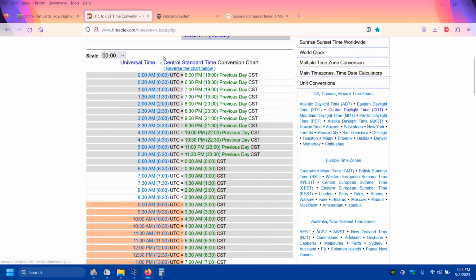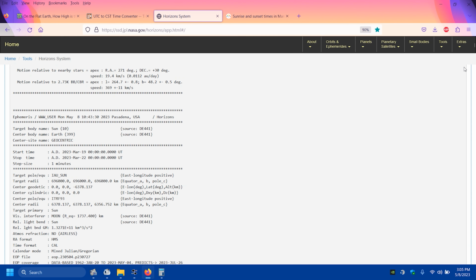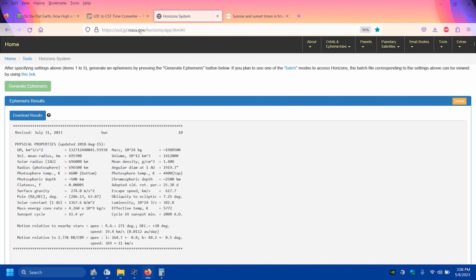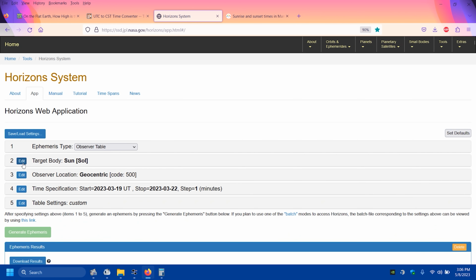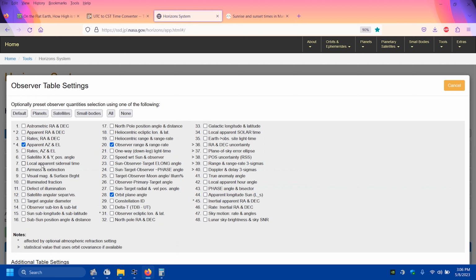So the other information for me to get the distance, I've got to use this from the NASA website. The target is the sun. Observer is the geocentric, which is the center of the Earth. Then I do my dates, going from 319 to 322 in increments of 1 minute. And then I set my edit customs, so I check 4, 20, and 28.